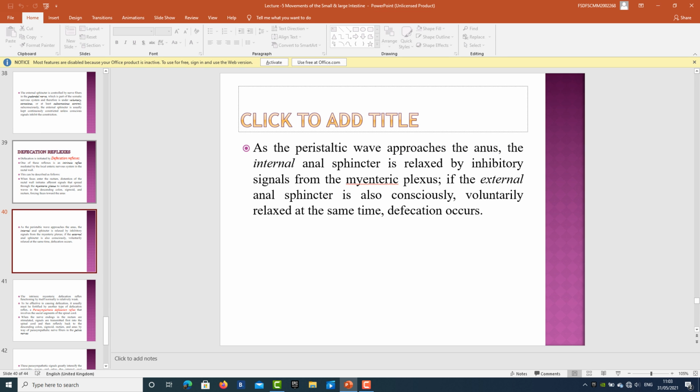As the peristaltic wave approaches the anus, the internal anal sphincter is relaxed by inhibitory signals from the myenteric plexus. If the external anal sphincter is also consciously, voluntarily relaxed at the same time, defecation occurs.